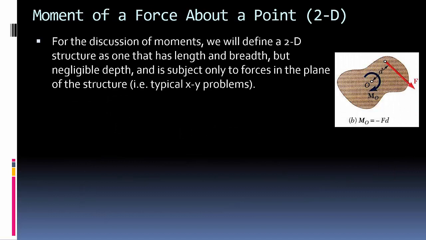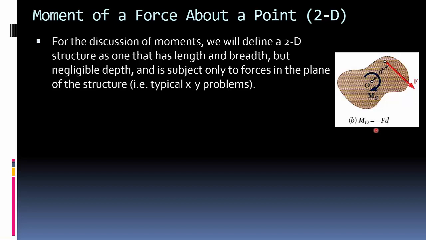Okay, so if we want to take the moment about a force in 2D: a moment is a cross product, r cross F. A cross product always gives a vector that's perpendicular to the plane that contains r and F, right? And so what does that mean? The moment vector will always be perpendicular to the plane, or out of the piece of paper, out of 2D. So for the discussion of moments, when we're talking about a 2D structure, it has length and breadth, but it doesn't have any depth.